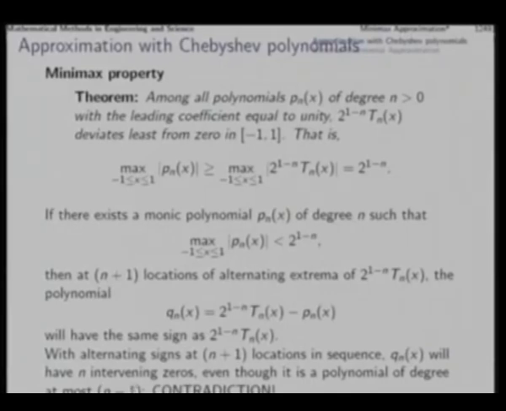So, this leads to a contradiction, which means that this assumption of a monic polynomial of less deviation is certainly wrong. So, through contradiction we get this result that among all polynomials of degree n, it is the Chebyshev polynomial, the scaled version of it to make it a monic polynomial, that deviates least, and this turns out to be the deviation.